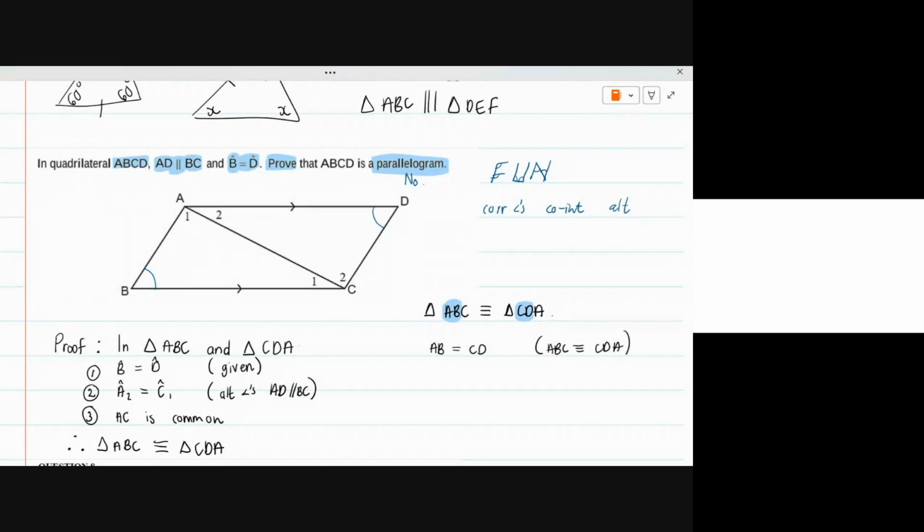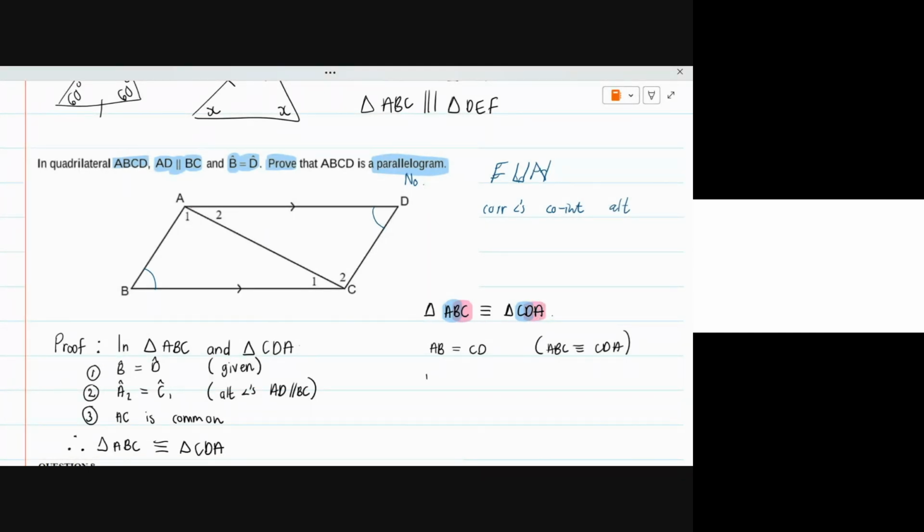Next thing, we know that BC, which side is BC equal to? To AD, good. BC would equal AD, and we can see it in the way that we've mapped out our triangles.